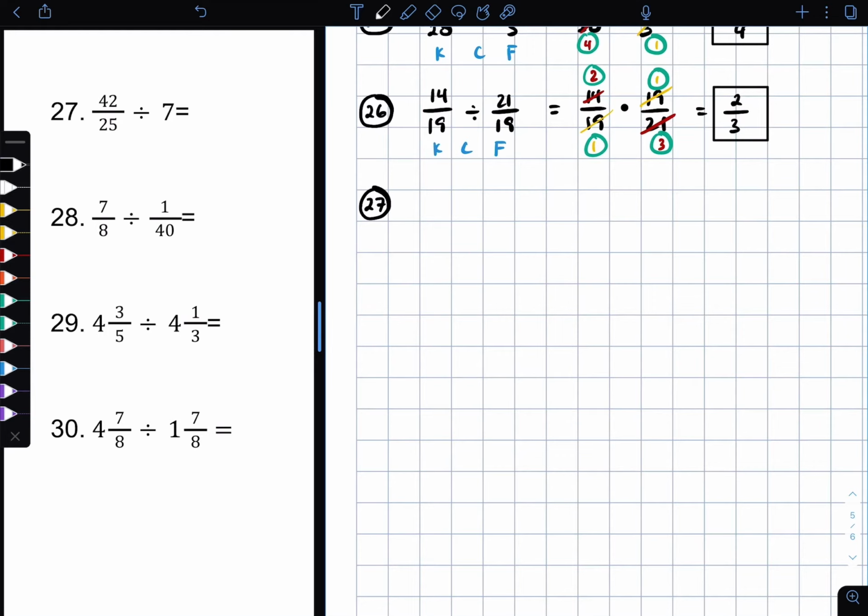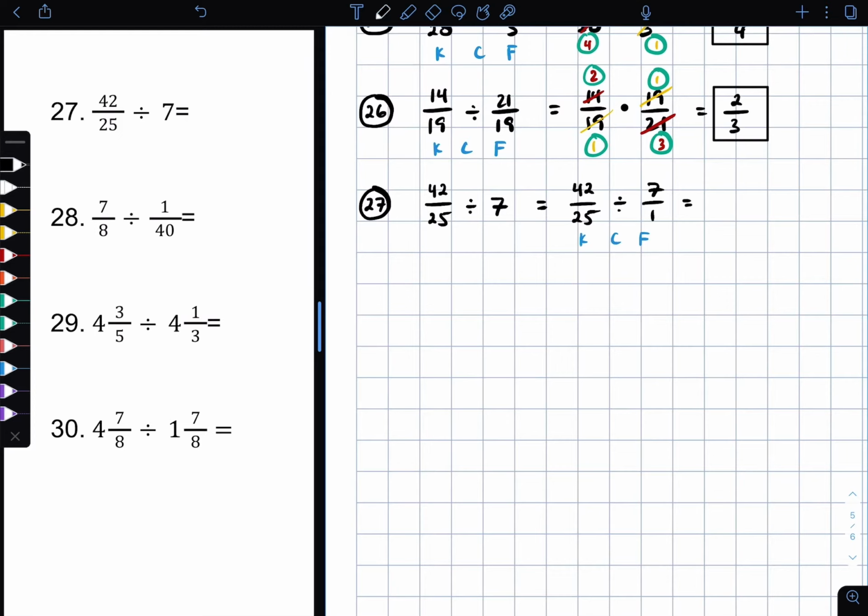So for 27, let's see, we have 42 over 25 divided by 7. So rewriting this with a top and a bottom, we have 42 over 25 divided by 7, which is 7 over 1. And now that we have a top and a bottom for both, I'm going to Kentucky chicken fry it.